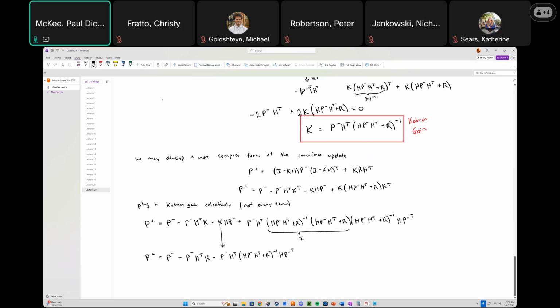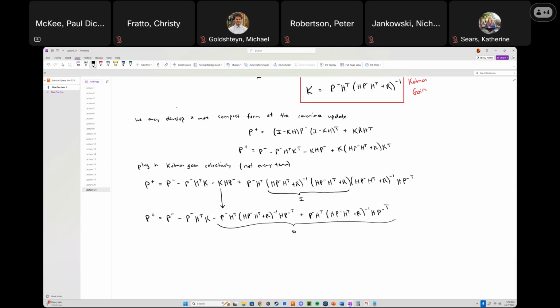Okay. Plus, now it's this term from here, P minus H transpose, identity matrix, which we don't bother to write, H P minus H transpose plus R inverse H P minus, which all of this cancels out.